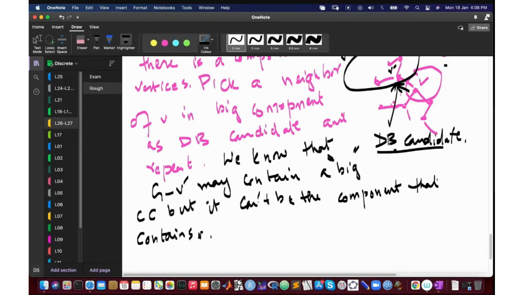I want to make just two points, and this will complete our proof. The first point is that it can't be the component which contains V, and I want someone to answer this question.